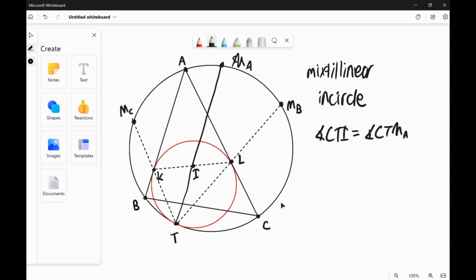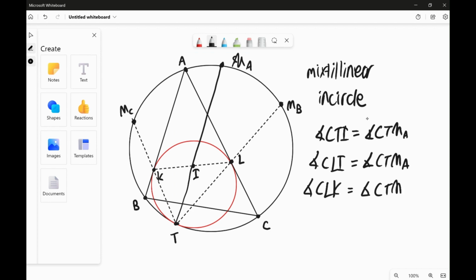We can go ahead and turn CTI from our cyclic quadrilateral into CLI, and CTMA, it's already on the circle, so we can just keep that as is. So CTMA, and then this is just CLK, which is directed angle CTMA. So how can we go ahead and do this?